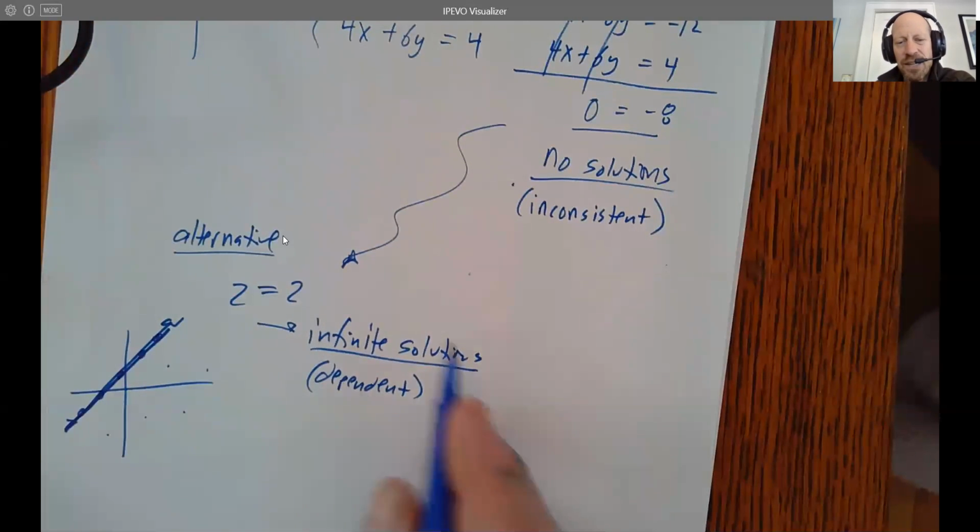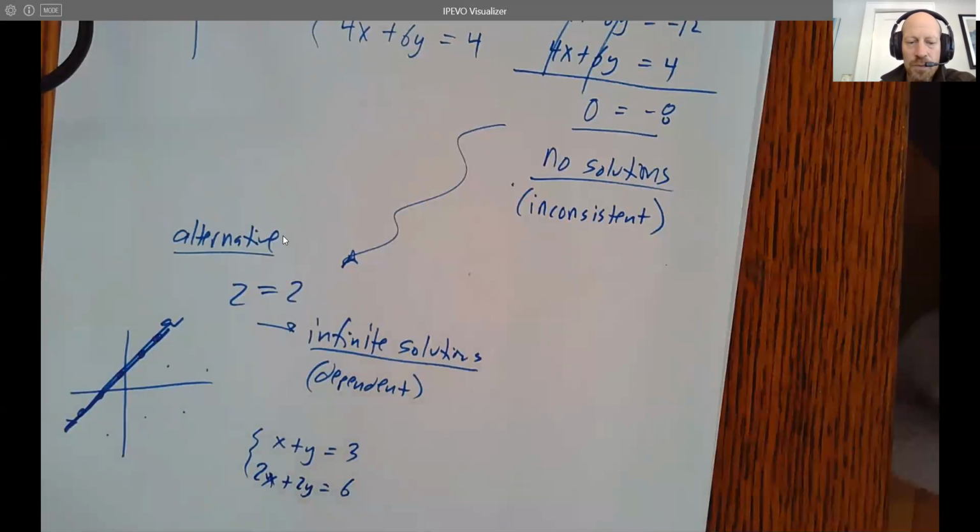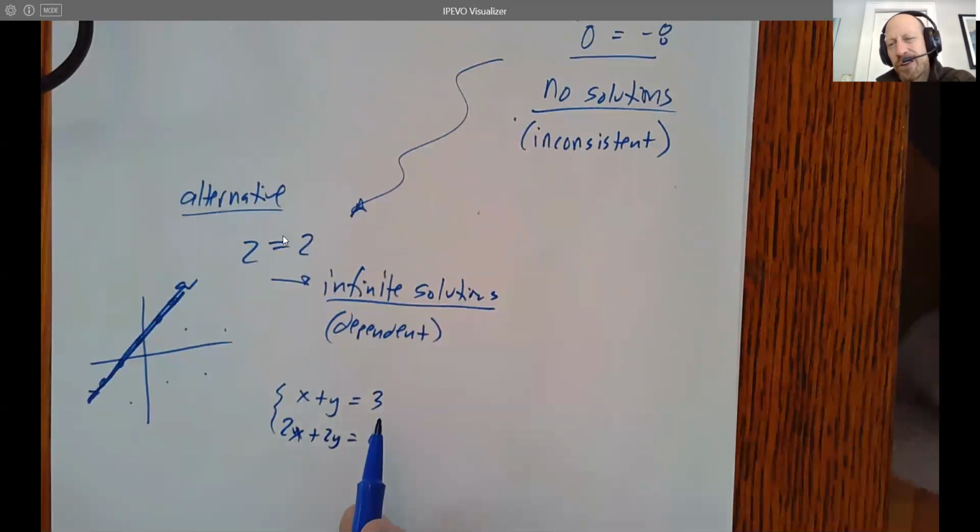And so this one's a little tricky because we have to write our answers in a special way. So here's an example of what that might look like. Let's say x plus y equals 3 and 2x plus 2y equals 6. I think pretty clearly you can see that these two equations are really the same equation, right? This one is just multiplied by 2 to get the second one.